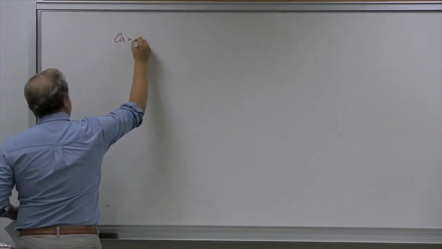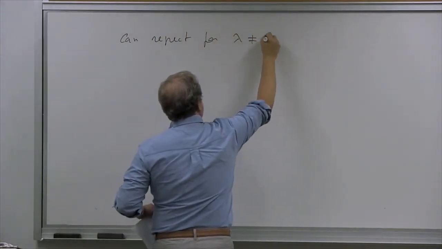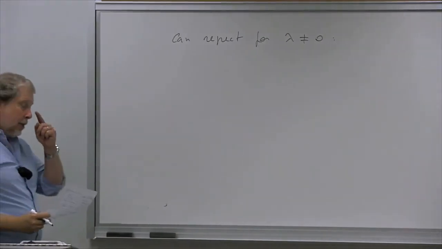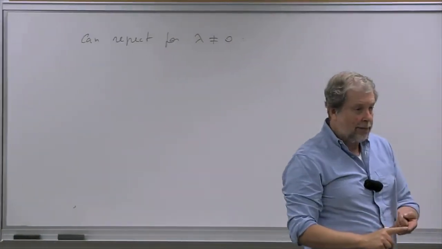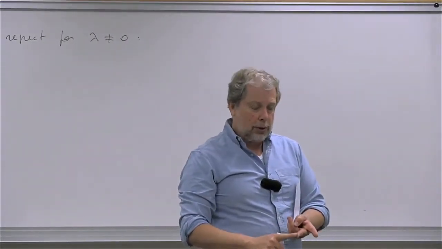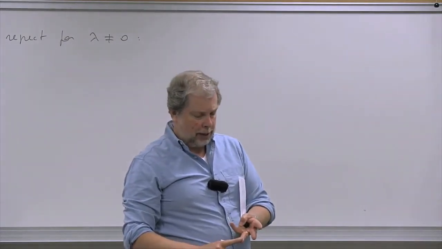So we can repeat this for lambda different from 0. So at least we have a second component that comes in. We do have 3 main components: non-relativistic matter, radiation, which is photons and neutrinos, and then the lambda term, the vacuum density.